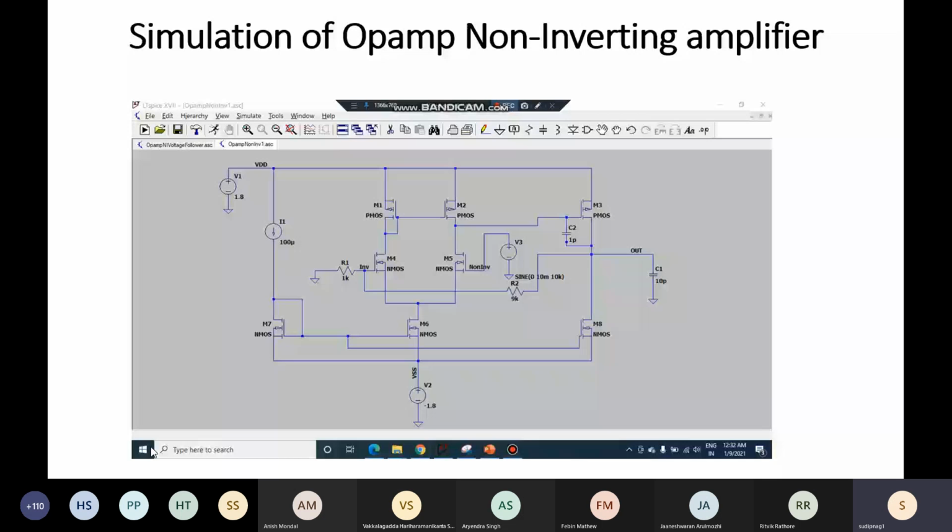your current source will malfunction with a simple resistor. So that is why we have to use that extra circuitry, which has been ignored over here for an obvious reason, that we don't want to complicate it. But you should know this: an on-chip ideal current source is not possible.